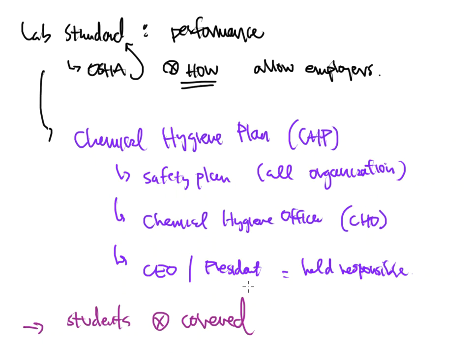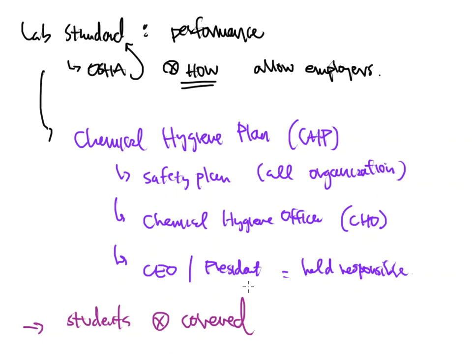So, I, as an employee of the college, would fall under the chemical hygiene plan. A work-study student that would be working in my lab space would fall under the chemical hygiene plan because they're getting paid to do a job in the laboratory. You, however, as a student, would not be covered under the chemical hygiene plan at all. Only employees are.